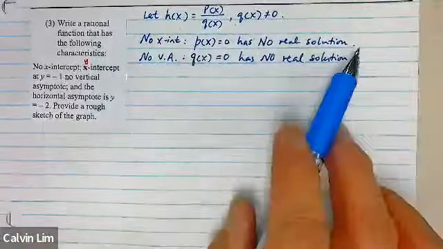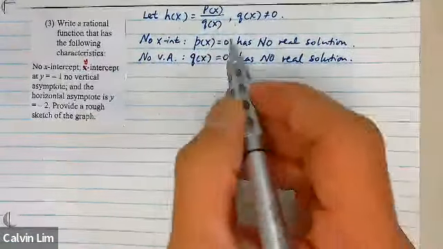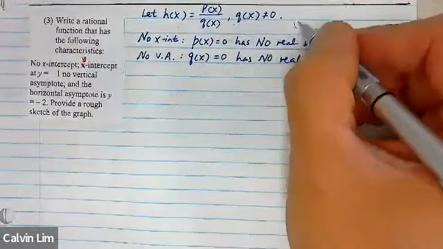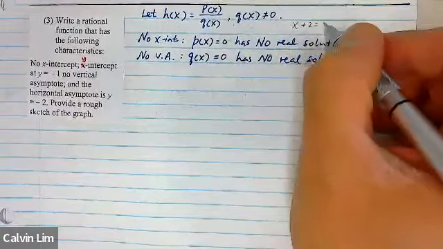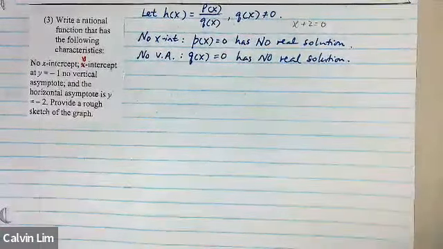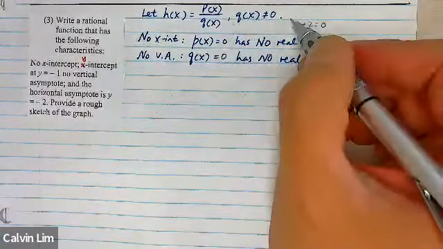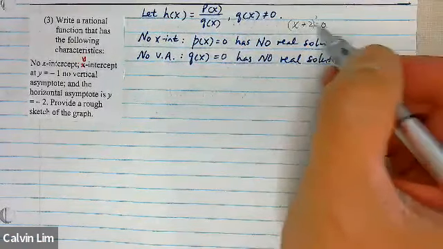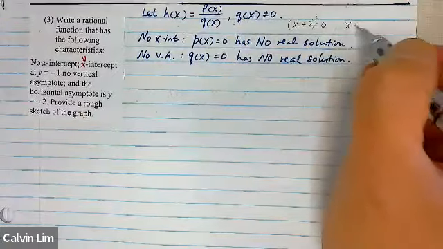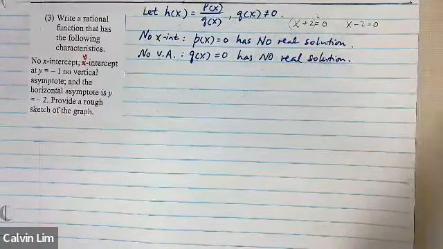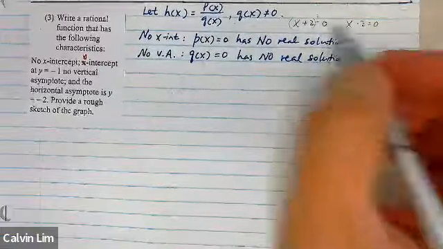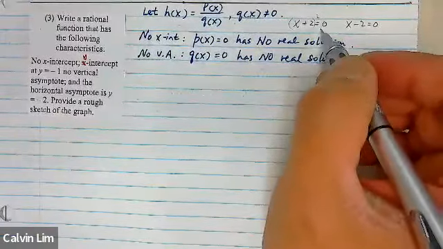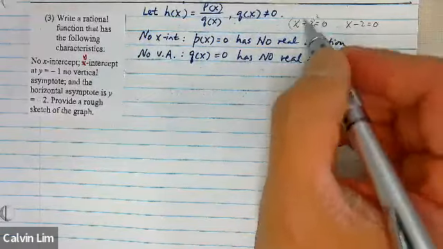So what does that mean? What kind of equation would have no real solution? Just take a look at this. Does this have a solution? Yes, x plus 2. Does this have a solution? Yes, same thing. How about x minus 2 equals 0? Does this have a solution? Yes, right? So how can I make it such that there's no solution? I can square the x.